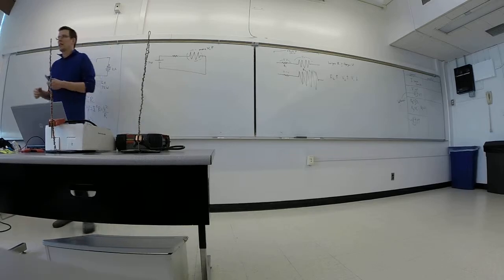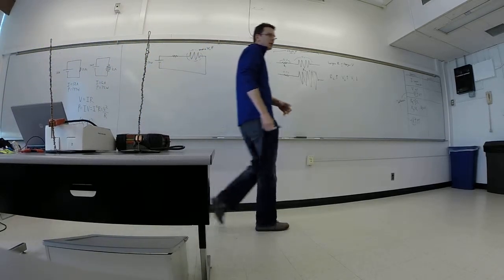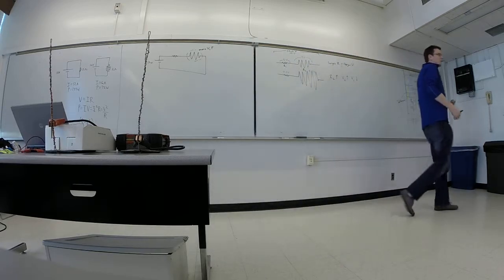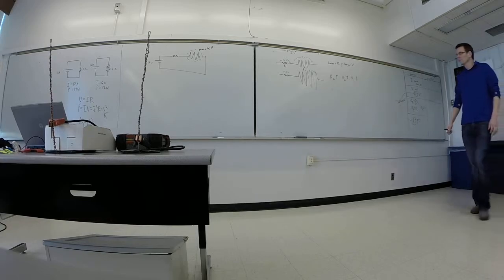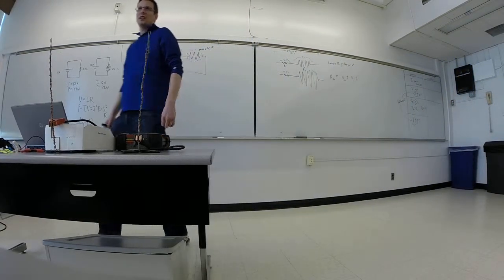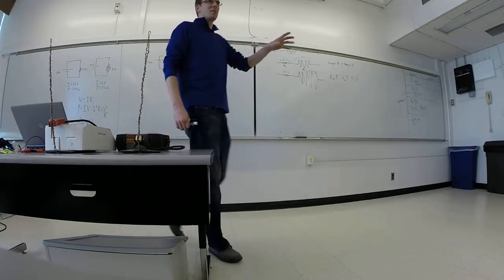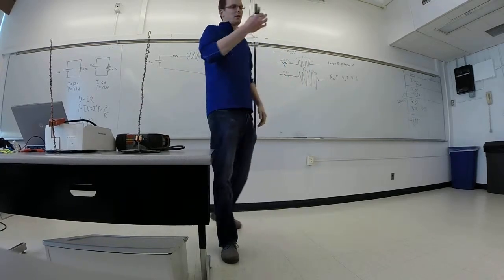Notice I'm taking care to make sure that they still add up to the same value, but now the ratio of how much is taken by one versus the other has changed. So if you have a bunch of resistors in a chain and you take the biggest one that already hogs the most voltage drop and you make that even bigger, it'll hog even more of that voltage drop.